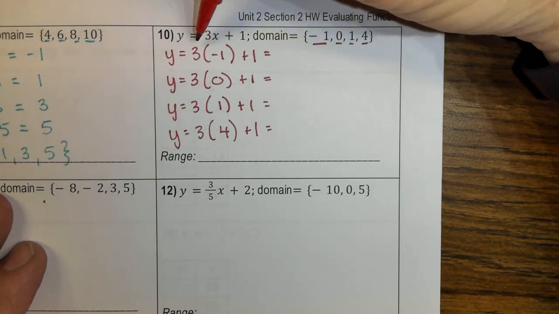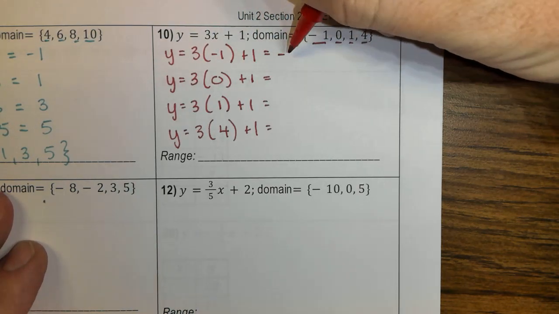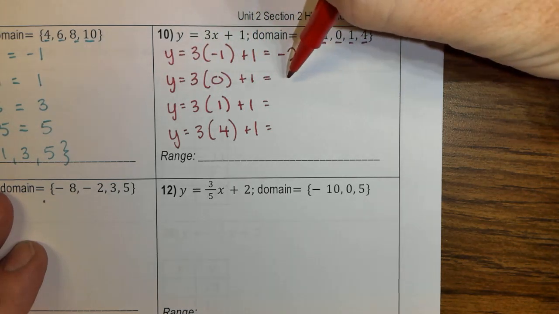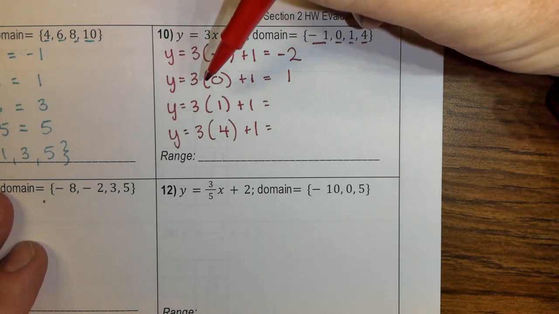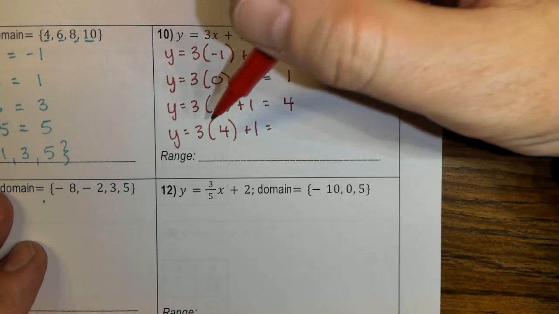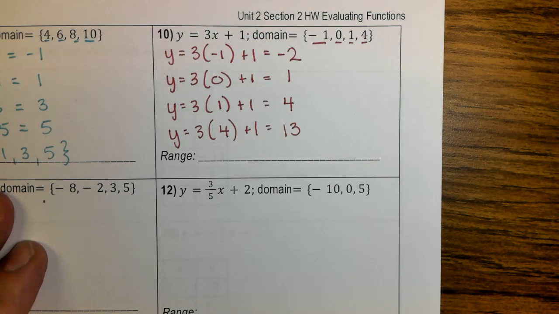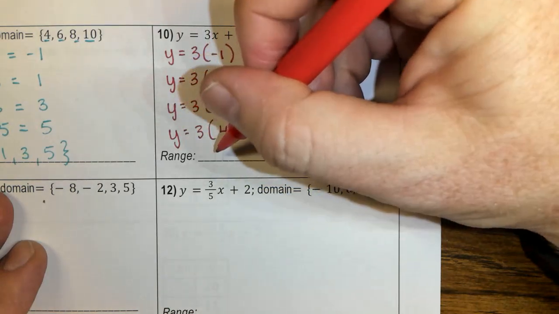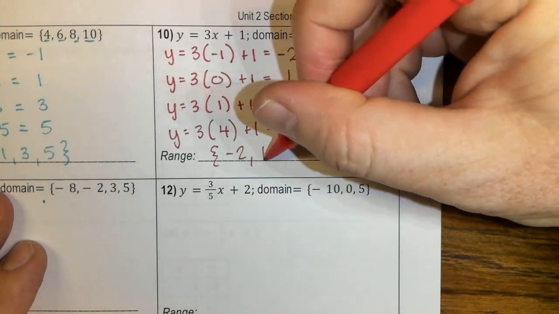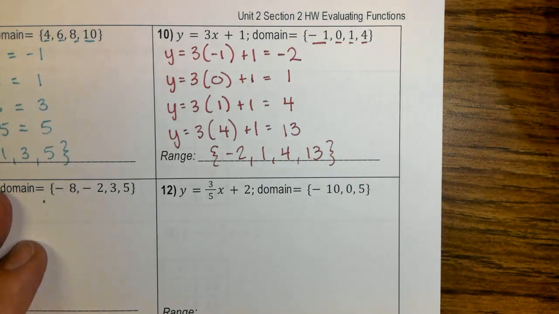So I'm going to go ahead and do 3 times negative 1 is negative 3 plus 1 is negative 2. 3 times 0 is 0 plus 1 is 1. 3 times 1 is 3, plus 1 is 4. And 3 times 4 is 12, plus 1 is 13. Okay, now to write my answer, I do my little fancy bracket, and then negative 2, 1, 4, and 13. And that's my answer.